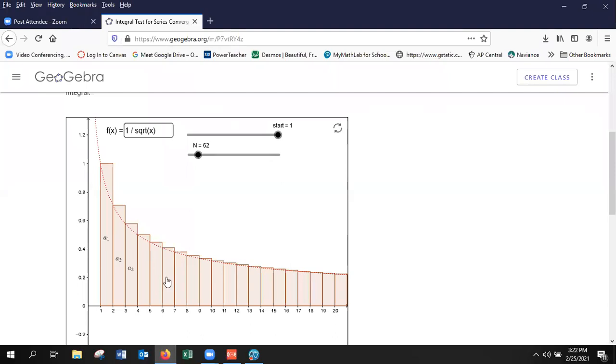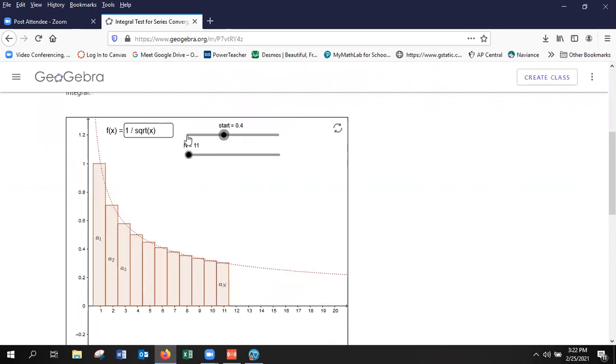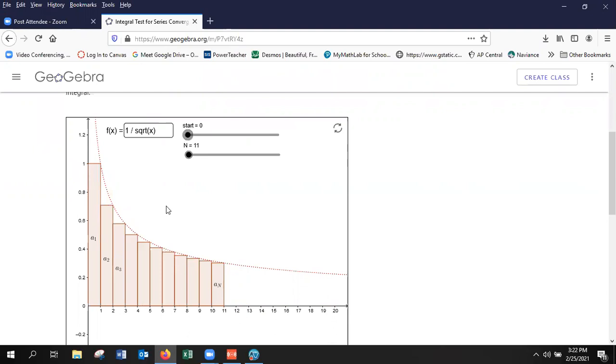So if we take a partial sum, like suppose I take the sum, I guess the smallest value I can have is 11. So if I take the sum of those 11 terms plus the remainder, and this is where I should scoot it over, the sum of the 11 terms plus the remainder is going to be equal to the actual sum.